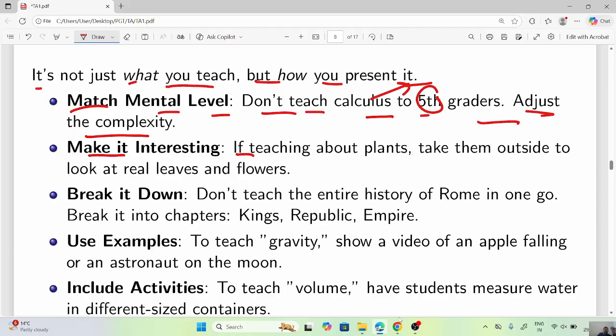If teaching about plants, the teacher should take them outside to look at real leaves and flowers. And after that, break it down. Don't teach the entire history of Rome in one go. First of all, break it into chapters like kings, republic, empire.